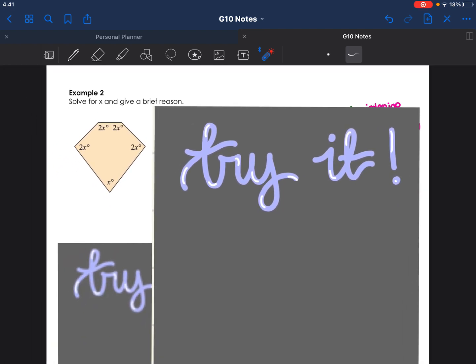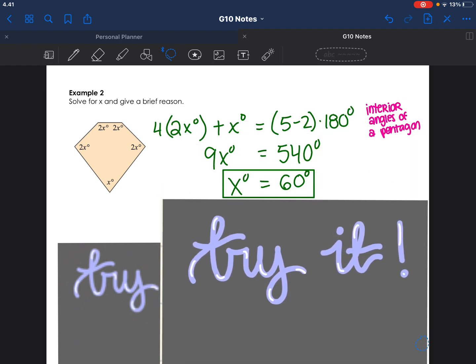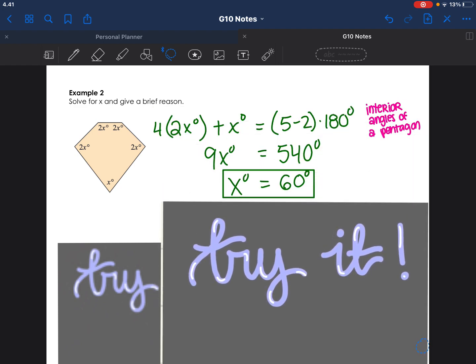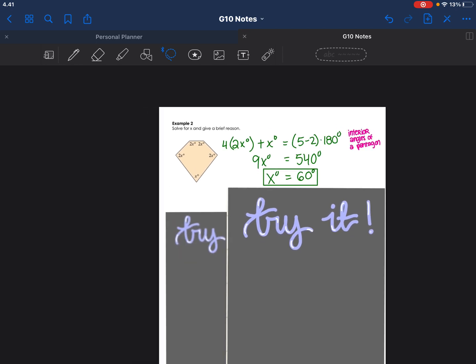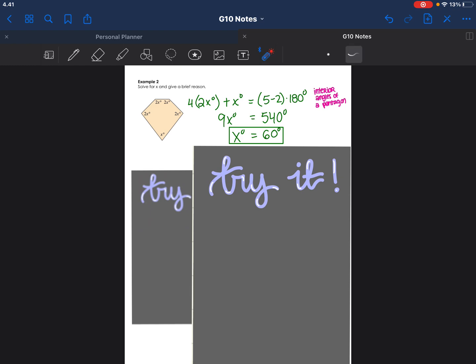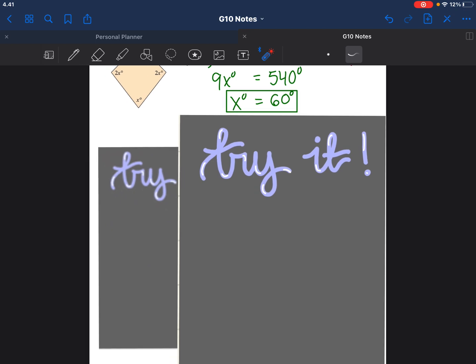So that's a pentagon, and 5 minus 2 is 3, times 180 is 540. So you add them all up, x equals 60 degrees. And do not forget the justification.